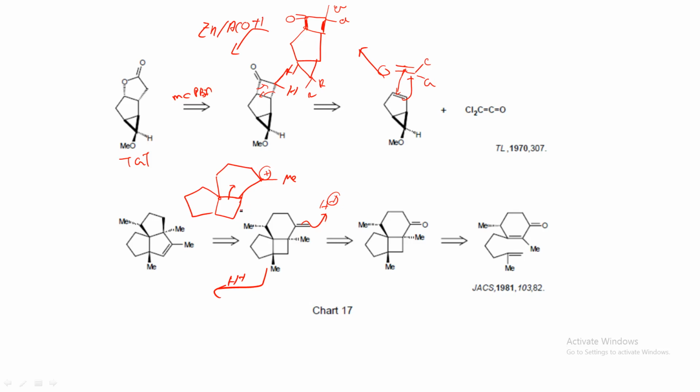So if this bond migrates through this, then we generate a secondary carbocation, but the strain of the system would be released.